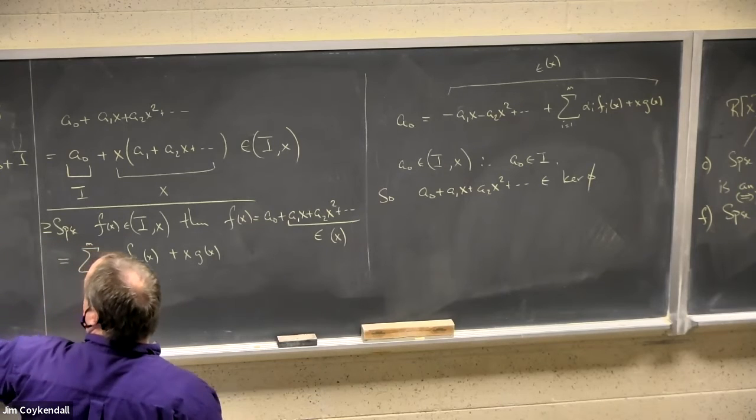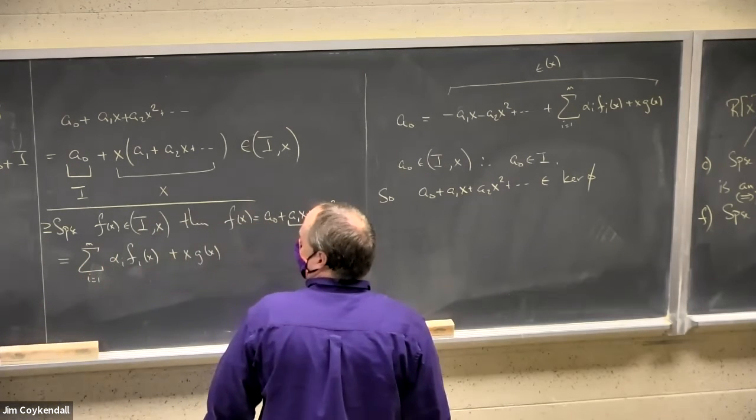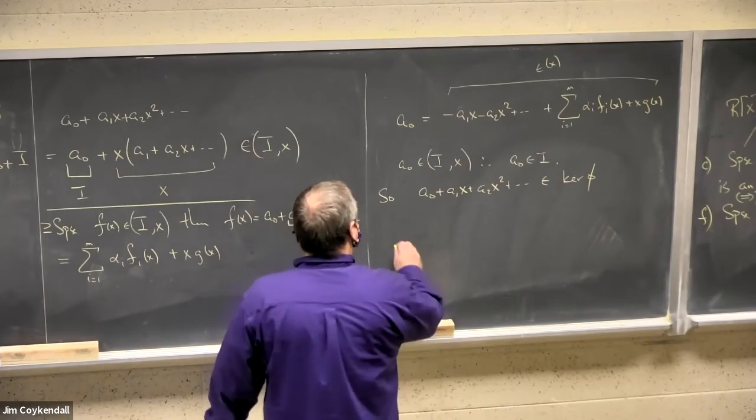So there's my claim that the kernel is precisely I comma x.